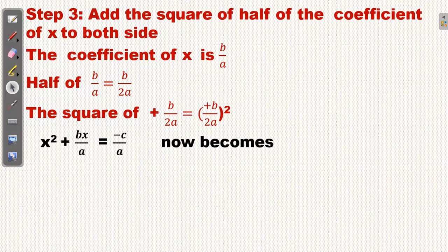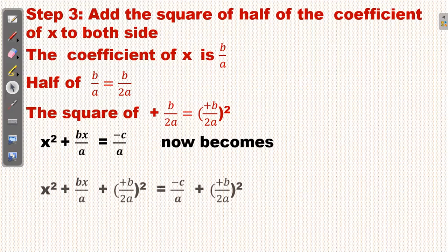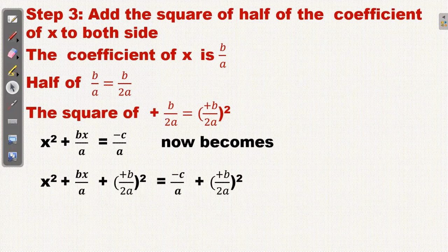So we had x squared plus bx over a to give minus c over a, which now becomes x squared plus bx over a plus b over 2a all squared, equal to minus c over a plus b over 2a all squared.